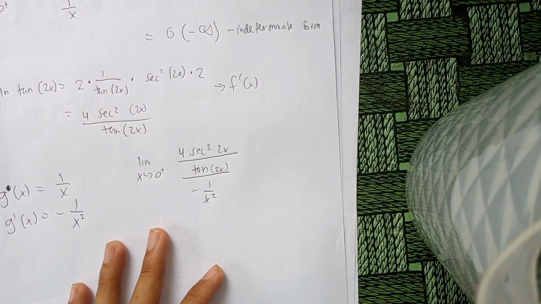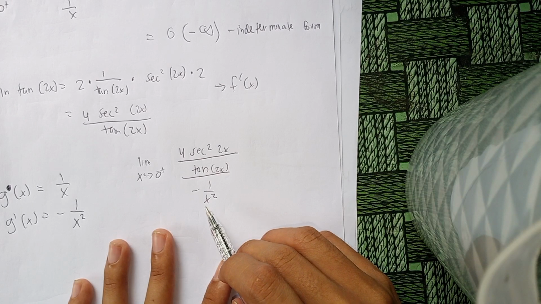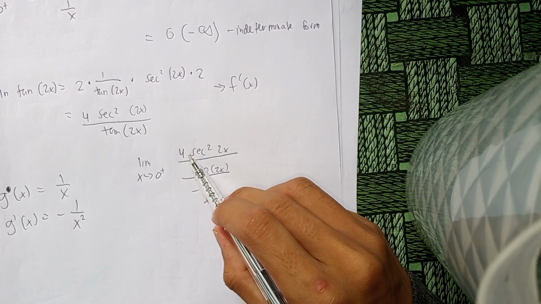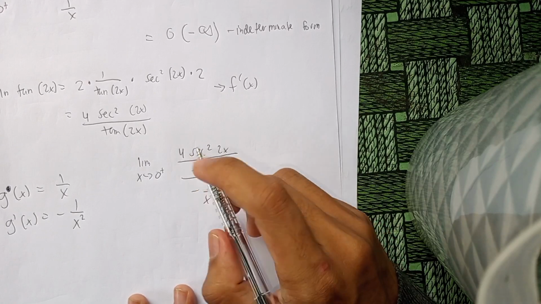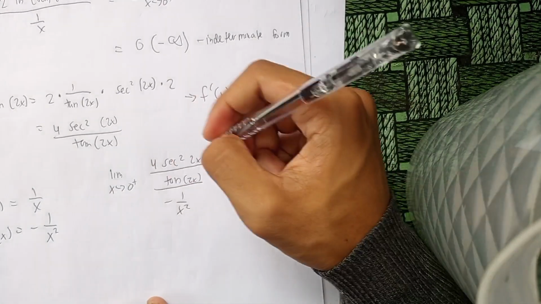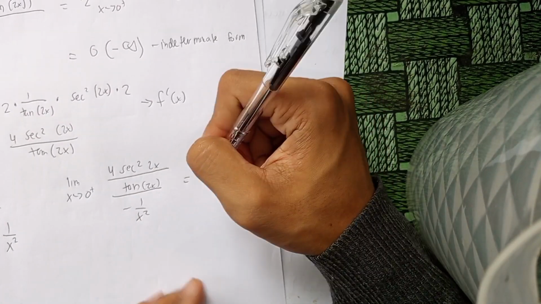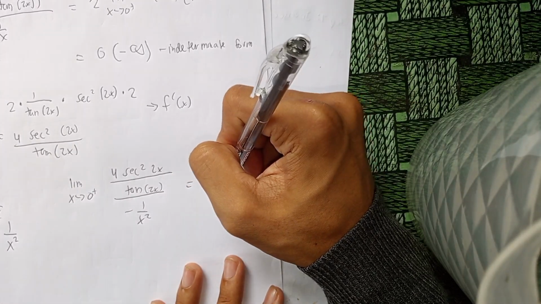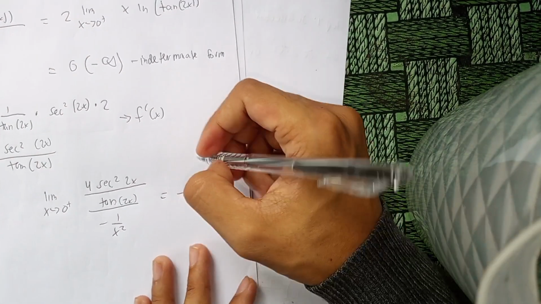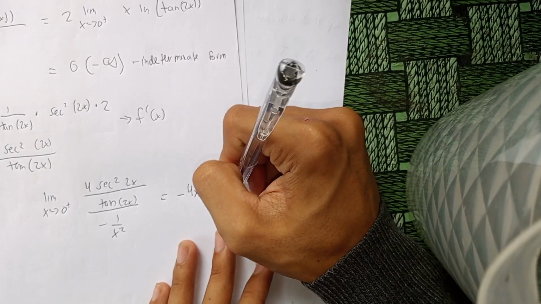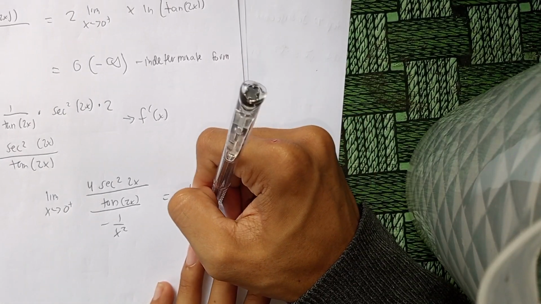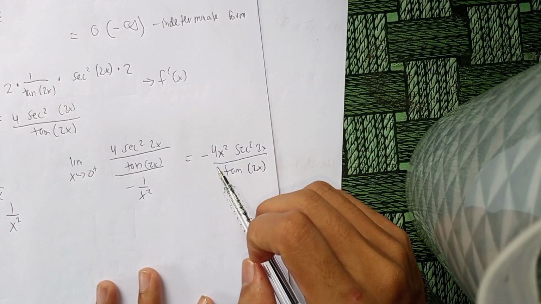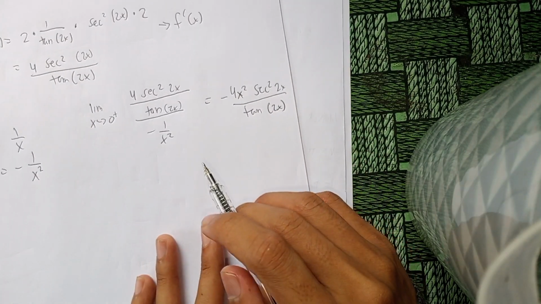In this case, we will reciprocate again, so the x squared will go near the 4, so it should become negative 4x squared secant squared 2x all over tan 2x. So this is the simplified form.